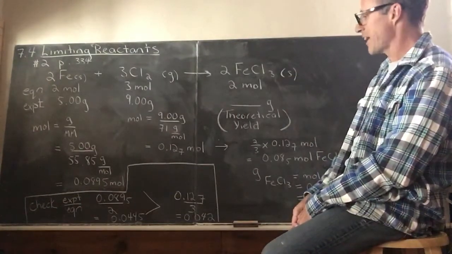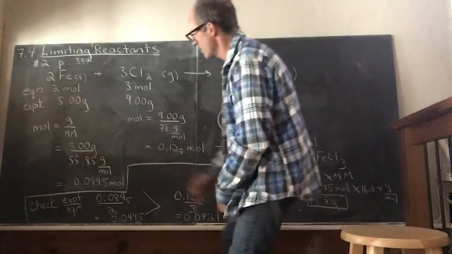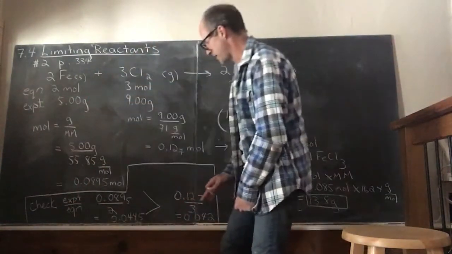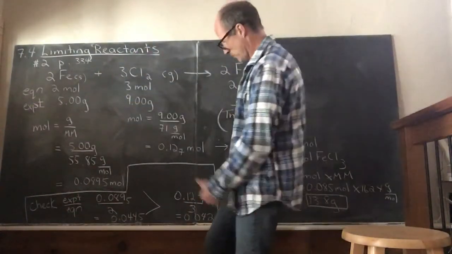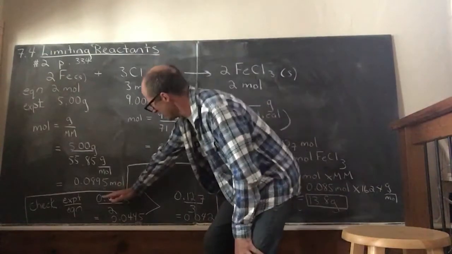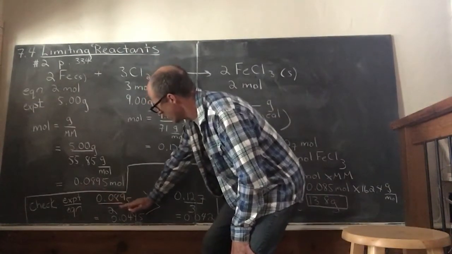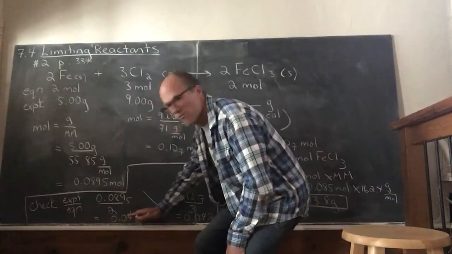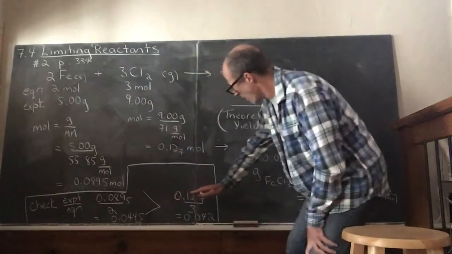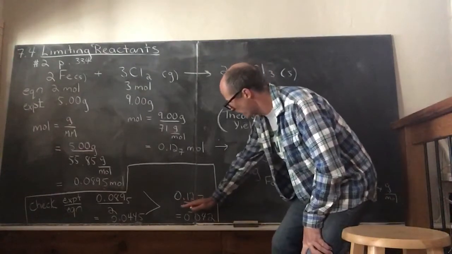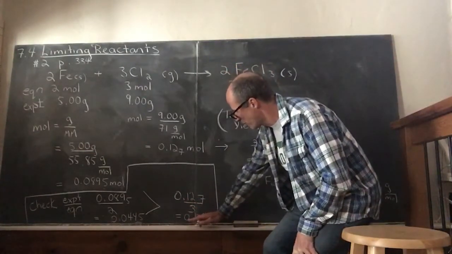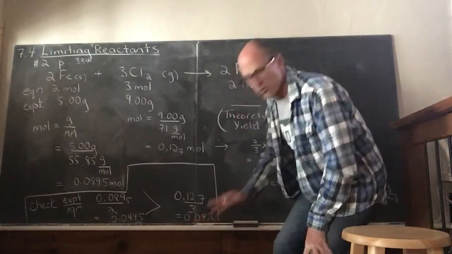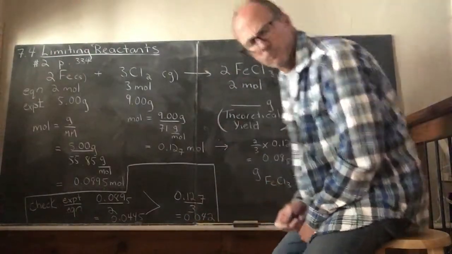If you take the experimental data and divide it by the equation data and figure out the ratio, you can see that 0.0895 over 2 is about 0.0445. Likewise, 0.127 over 3 is 0.042. So very interesting.